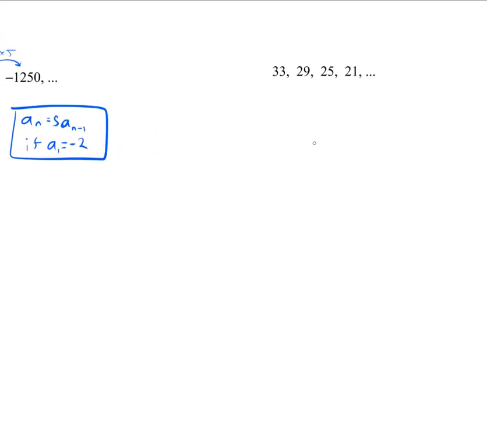You'll notice this one's a little bit different than the other ones because you have 33, 29, 25, 21. It seems to be getting lower as opposed to bigger. So if I was looking at this one here, first of all, let me just realize that my first term in the sequence is 33, right? And so I'm going to go ahead and figure out, am I multiplying or am I adding, right? So it looks like to get from 33 to 29, I'm going to try adding first because like I said, it's easier.